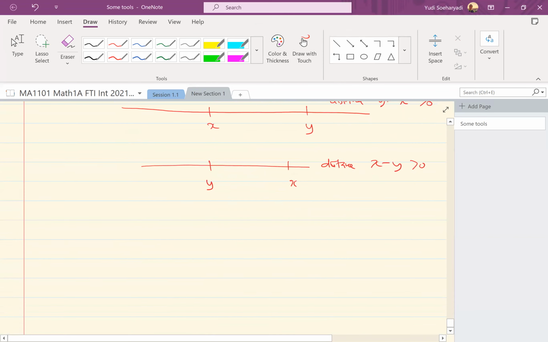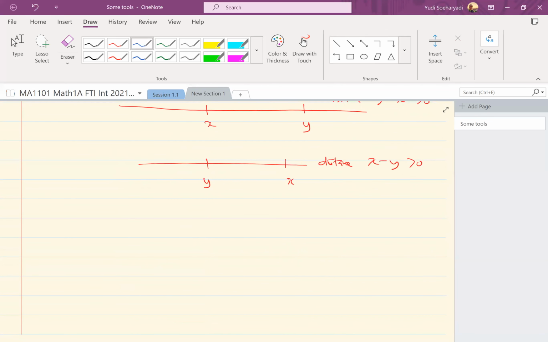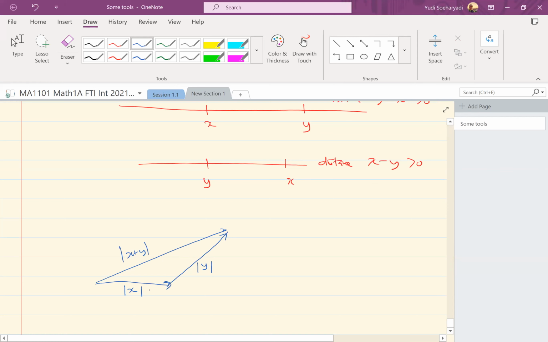And as a distance, you will see that if this is x, think of it as a vector, and the length of this vector is x, and the length of this one is y, and as a vector, this is x plus y, right?